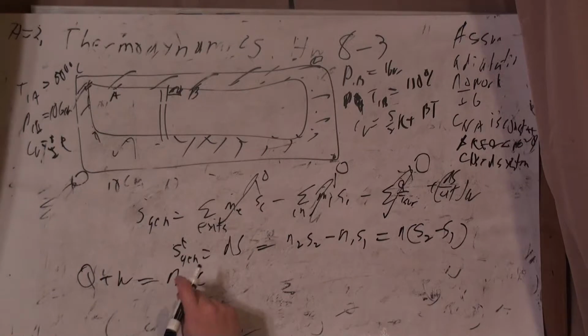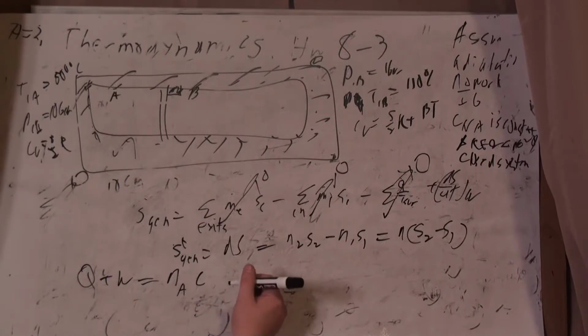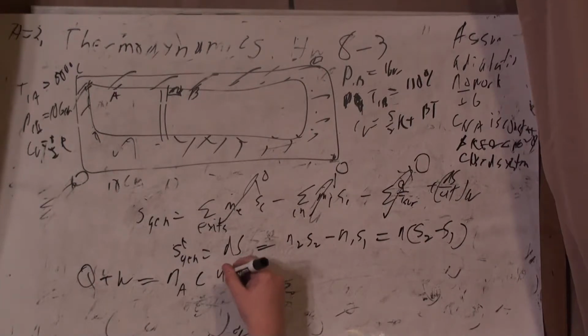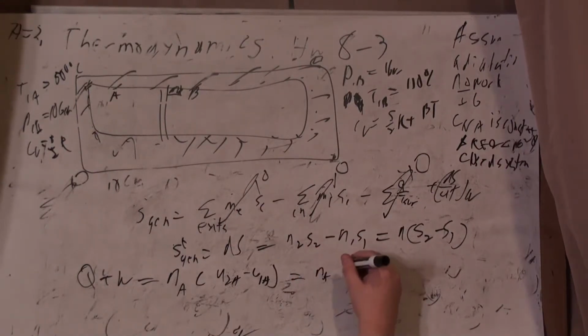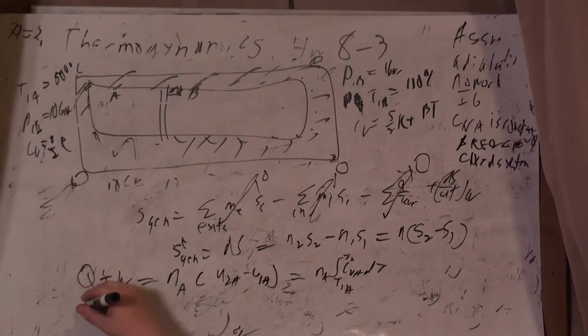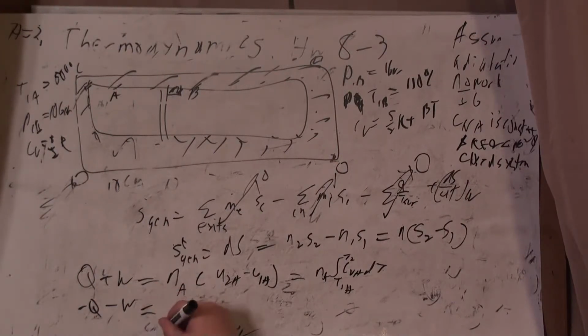So for system A, we have N_A (U2A minus U1A), which is going to simplify down to N_A integral of C_VA dT from T1 to T2. The T2 is the same, but the T1 is different. And then the other one is going to be minus Q minus work, because whatever work's done on one is going to be done on the other, and the heat's the same way.